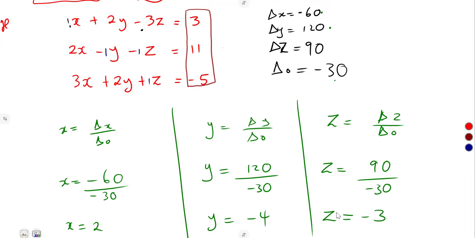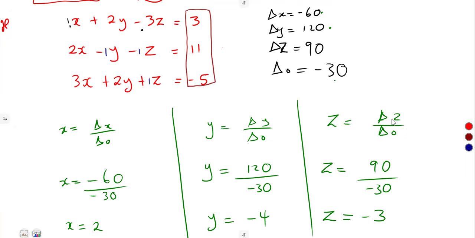We have got the values of X, Y, and Z. Using Cramer's rule, we can solve for 3 unknown values, just like what we had with two unknown values.